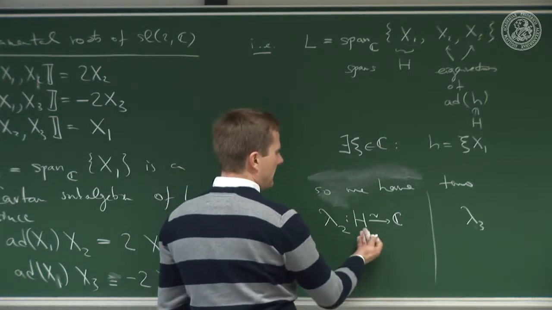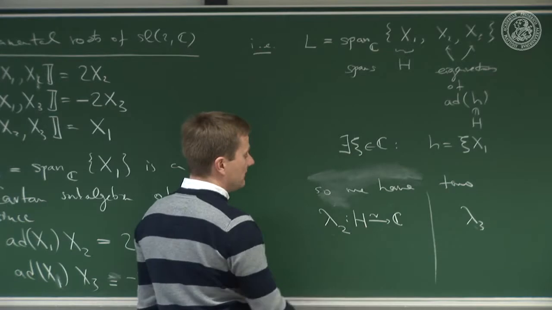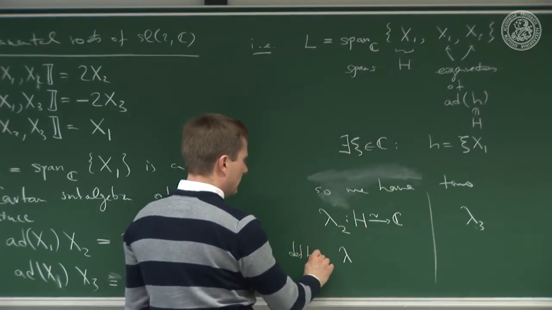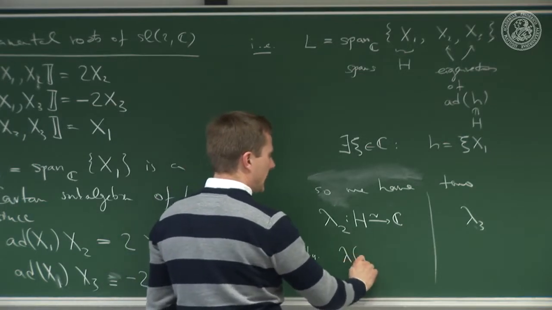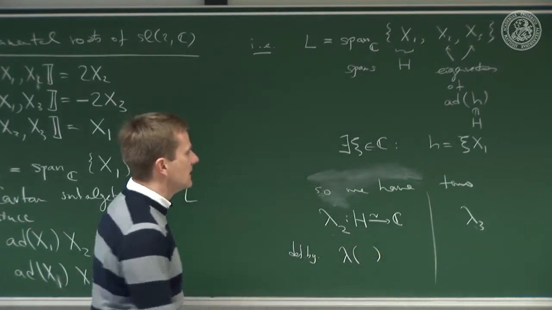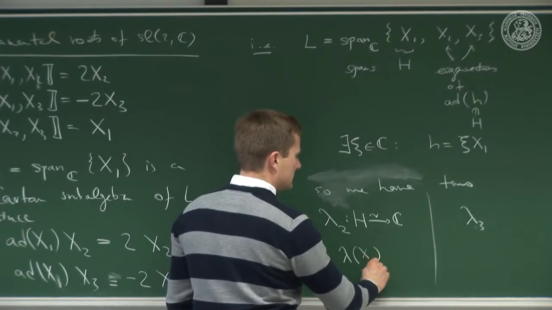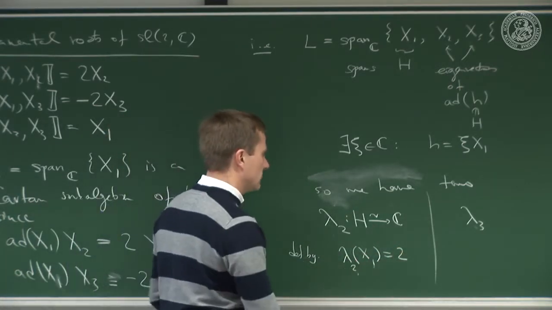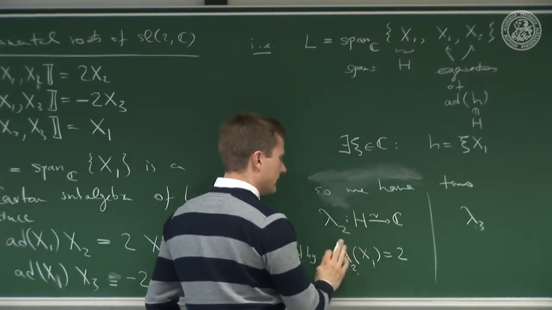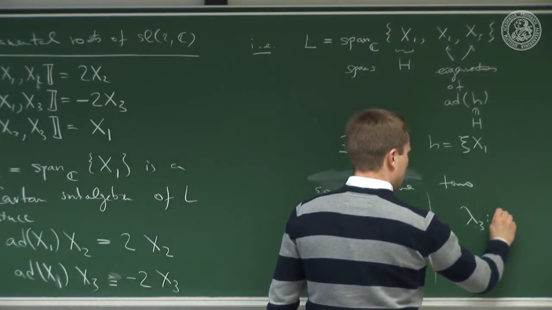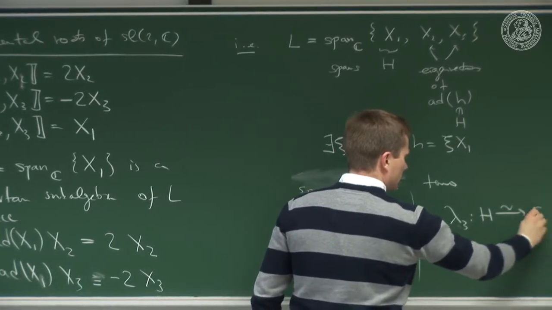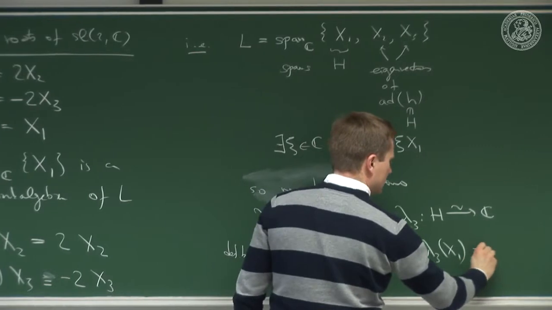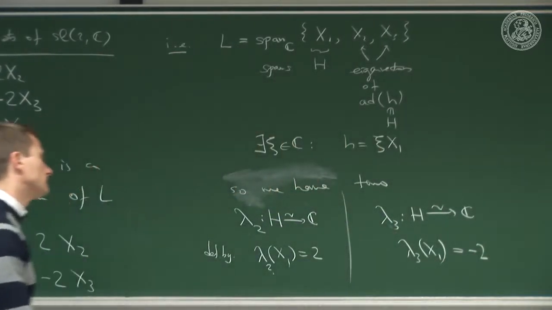And of course, a linear map defined on a one-dimensional vector space is fully defined, like any linear map, by its action on a basis. In a one-dimensional vector space, the basis is just x1. We define lambda 2 of x1 to be 2. And the lambda 3, also a linear functional, is defined by lambda 3 of x1, on the one basis element, being minus 2.